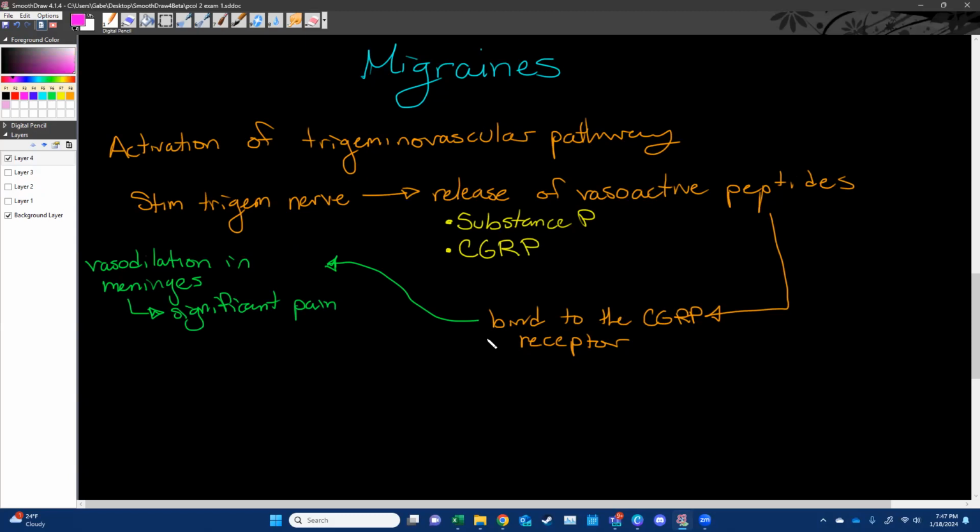The next thing that can happen is vasodilation near the pons, which again is the location where the trigeminal nerve begins. And this is going to cause incoming signals among the trigeminal nerves to be disrupted.